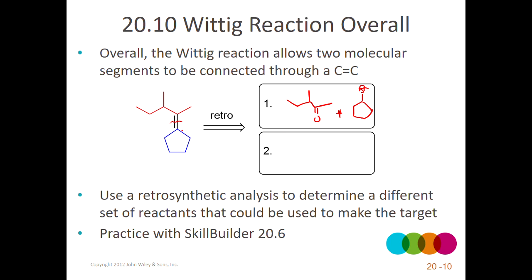Alternatively, we could have made the other carbon of the pi bond the carbonyl, and this carbon could have been the alkyl halide. And we do the same thing. Start with the alkyl halide, add triphenylphosphine to push that out, add the butyl lithium to deprotonate here, and then have it attack and make the four-membered ring, and then when that ring opens back up, it should give the same product.